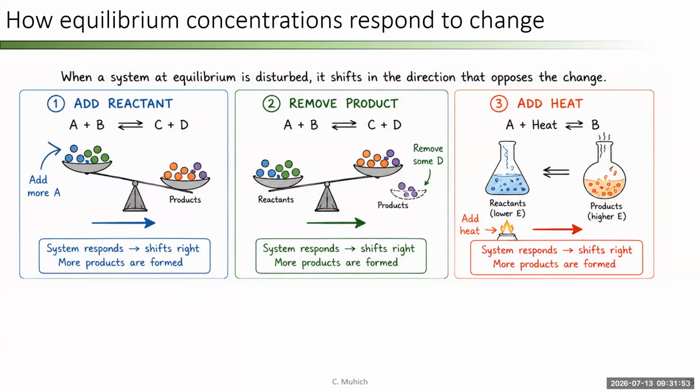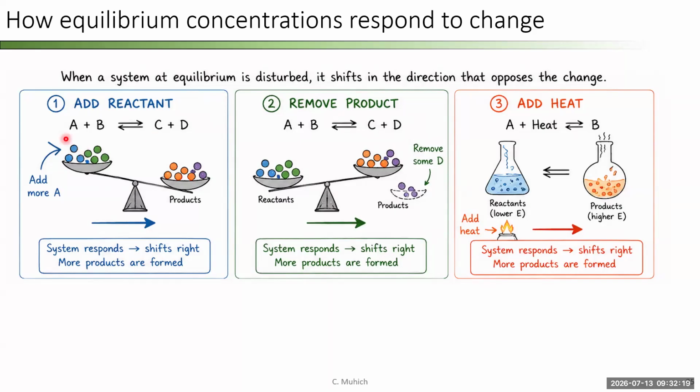As I said at the beginning of this lecture, we often want to modify this equilibrium. We want to change it to drive the partitioning to our desired products. So in order to do that, we have to disturb the system. We have to change something about it to make the reaction go more.